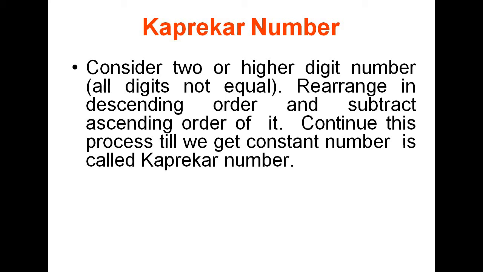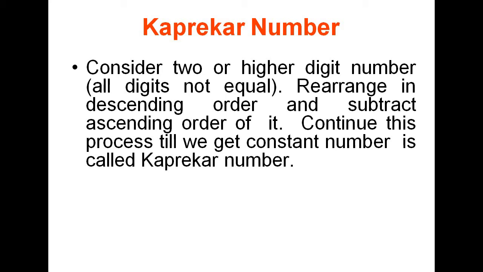If we arrange the digits in descending order and subtract the ascending order of this number, and continue the same process, then we will get one constant number. That constant number is called Kaprekar. We are very proud to use the Kaprekar number because Kaprekar is an Indian mathematician.